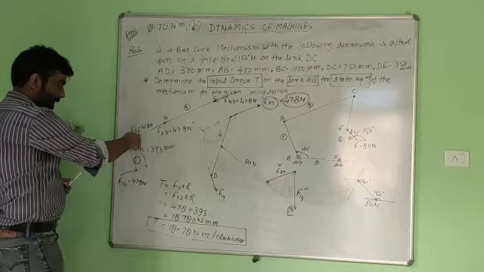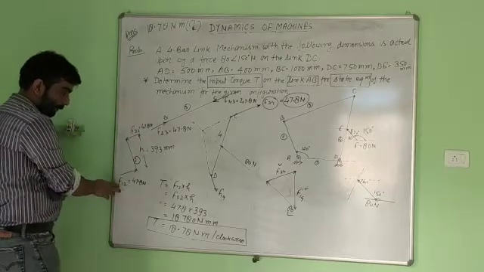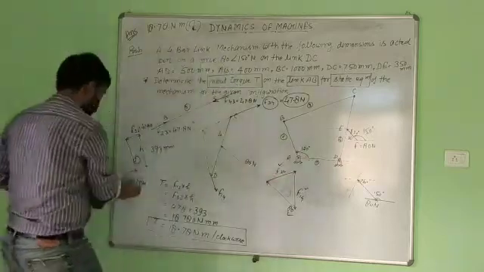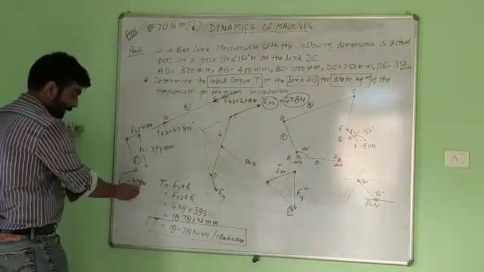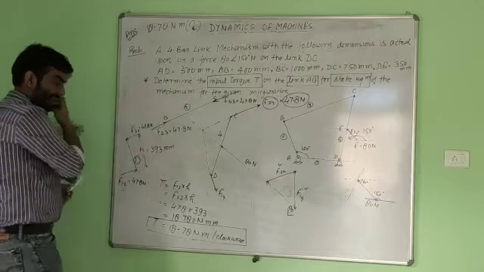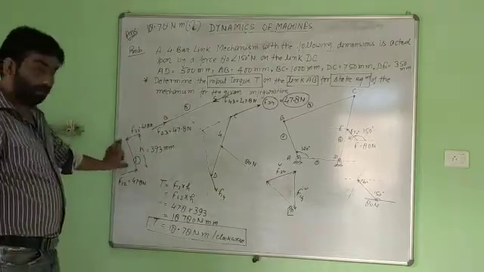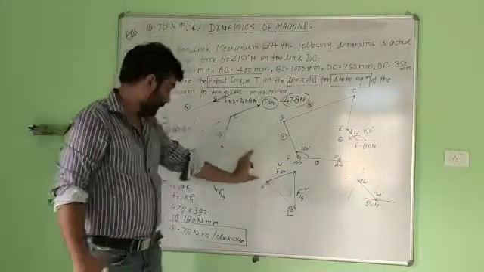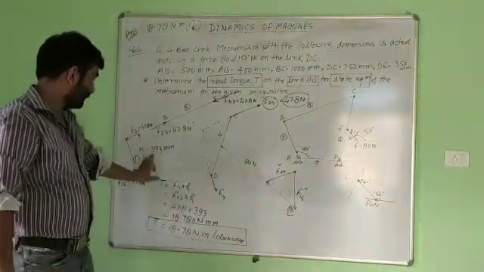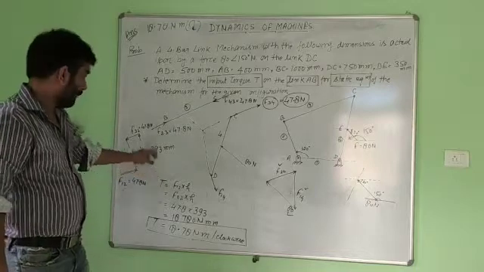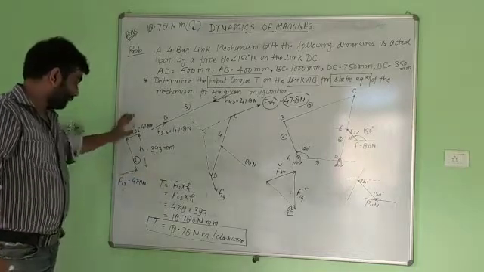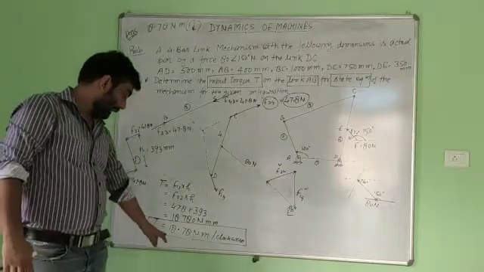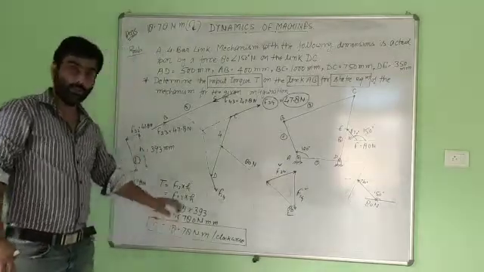So F32 and F12, the force by member 1 on member 2, are 47.8 each. This distance h is the perpendicular distance between the two forces, which we calculate from the configuration diagram. It is 393 mm. The force was 47.8, so the moment created by these two forces is 18.78 Newton meter.